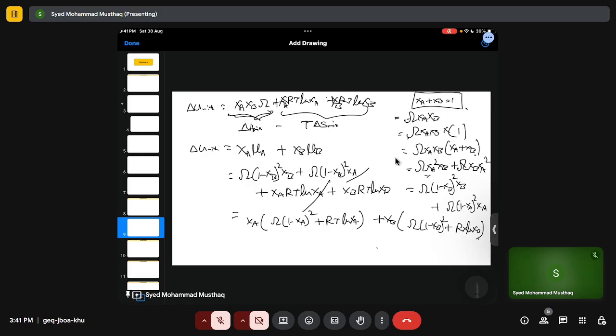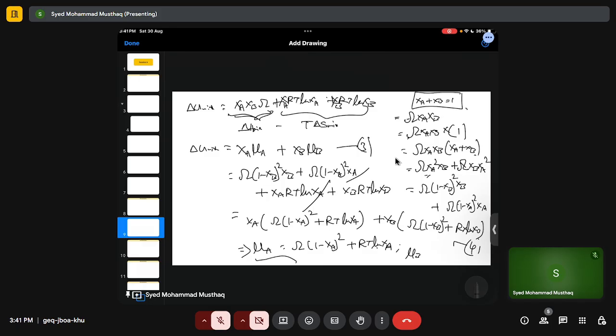Again compare 3 to 4. UA will be equal to this, and the same goes for UB.